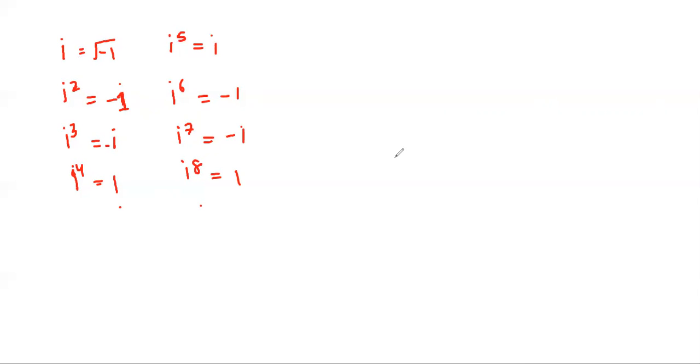Okay, like this. Now if I ask you to find the value of i raised to, suppose, 17, how will you find i raised to 17? What do you say about this? When do we get the value 1?